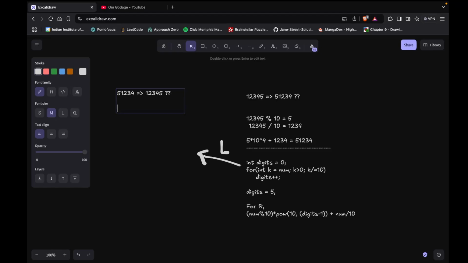So what you'll do is 5 1 2 3 4 percent with 10 raised to 5.